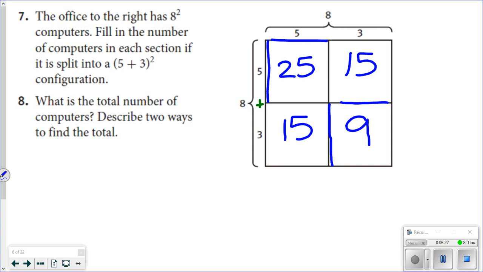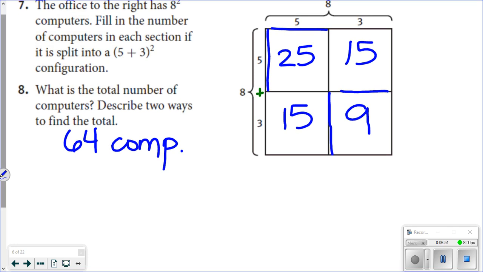So go ahead and pause the video, and I want you to answer question 8. The total number of computers is 64. 2 ways to get the total.